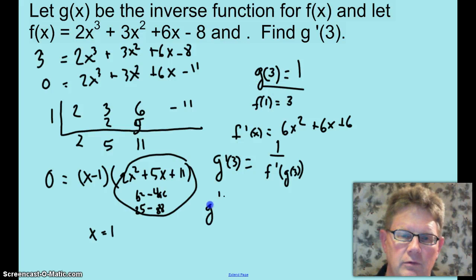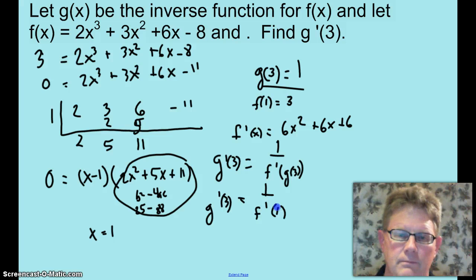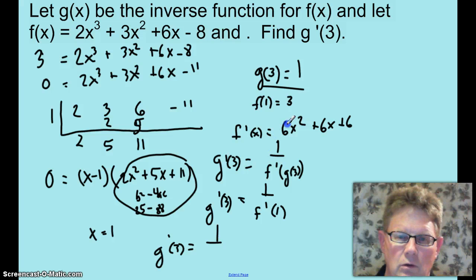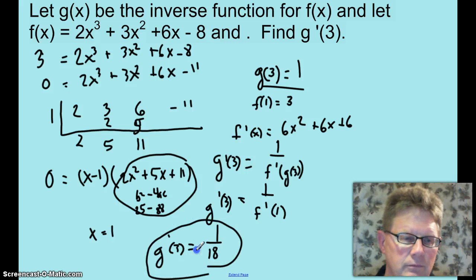So g prime of 3 equals 1 over f prime of 1. So g prime of 3 equals 1 over, put a 1 in for x, 6 times 1 plus 6 times 1 plus 6. G prime of 3, 1 over 18.